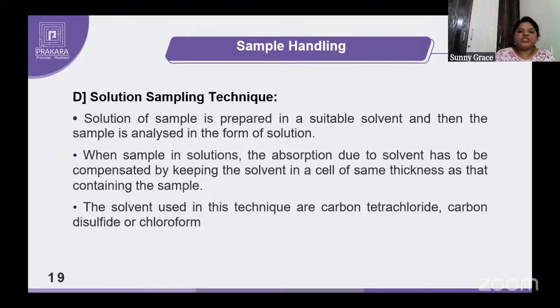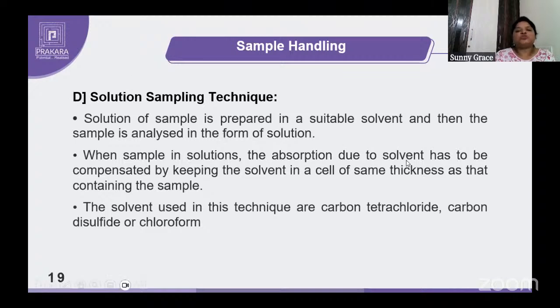Then the solution sampling technique, also known as the running solution sampling technique. Here we take the solid sample, mix it in a suitable solvent, pour this solution into the sample holder, and analyze the sample in solution.